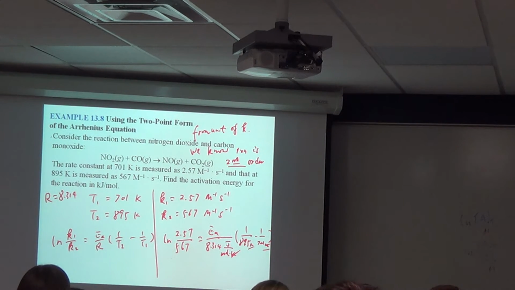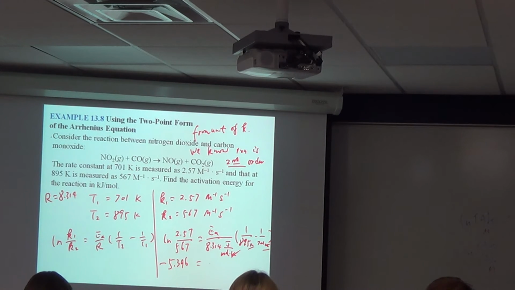Now let's calculate the left side. You just simply take 2.57 divided by 567, and then you take the ln. So the left side becomes negative 5.396.